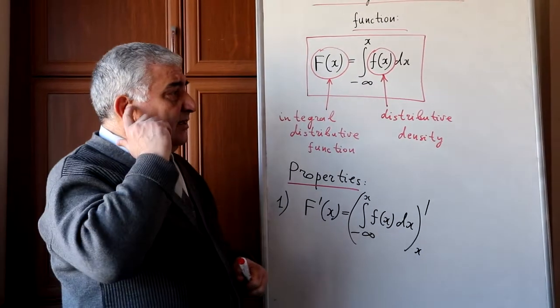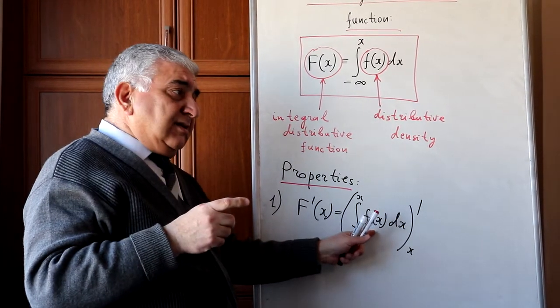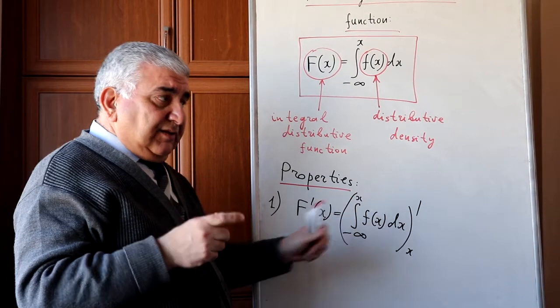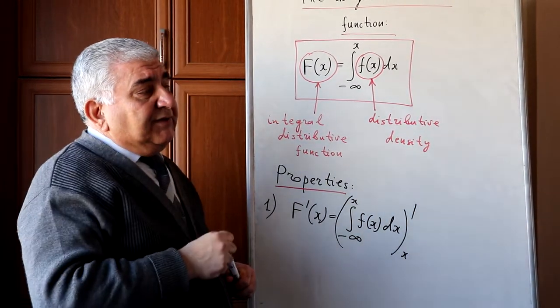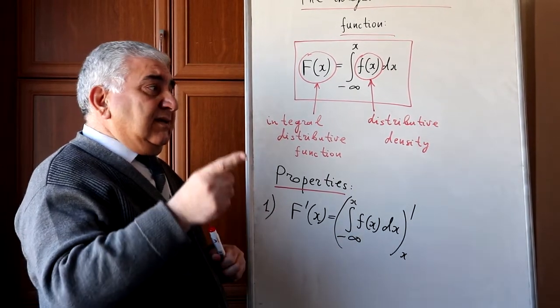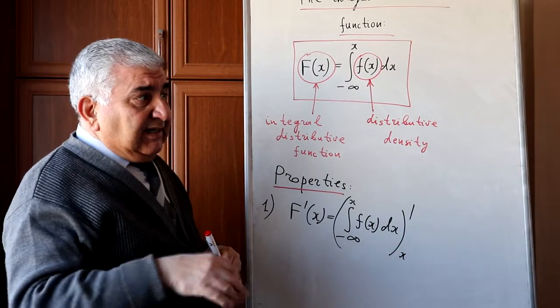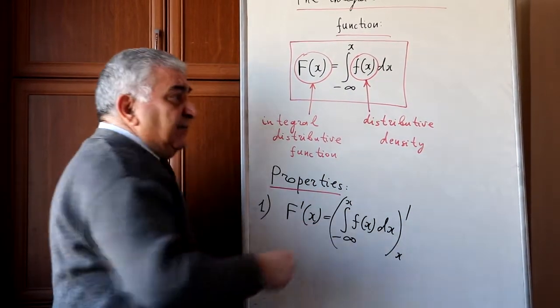It is known from calculus that if the upper limit of a definite integral is a variable quantity, then the derivative of this integral is equal to the integrand at this upper limit.